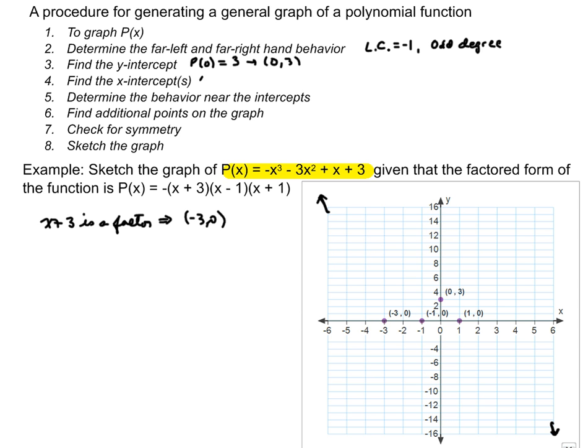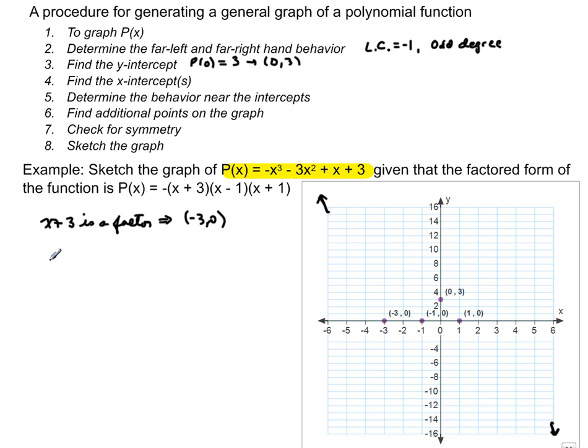After having chosen my x-intercepts at -3, 0, at -1, 0, and 1, 0, I'm going to determine the behavior of the graph near those x-intercepts by using my synthetic division. So I'm going to choose some values around the location of these x-intercepts.